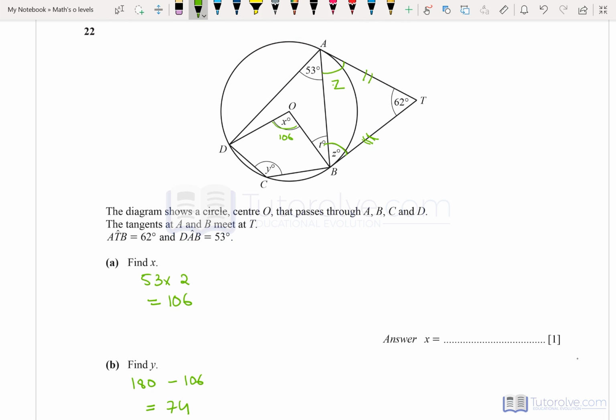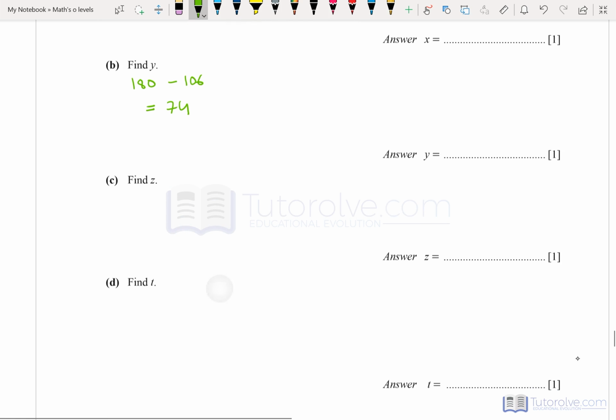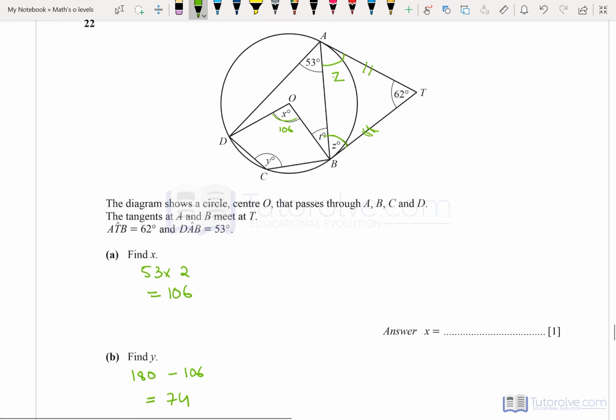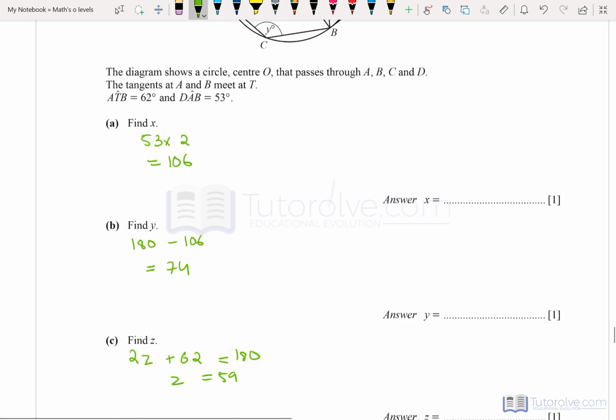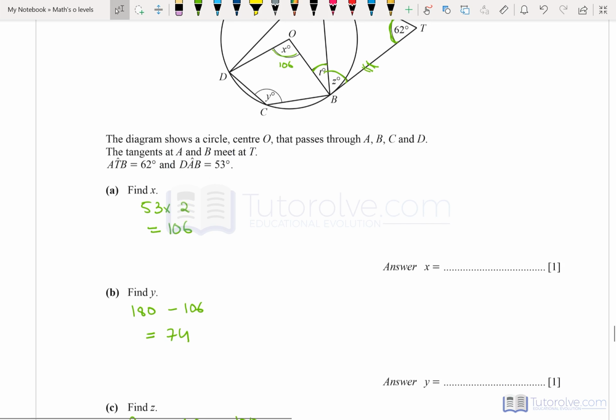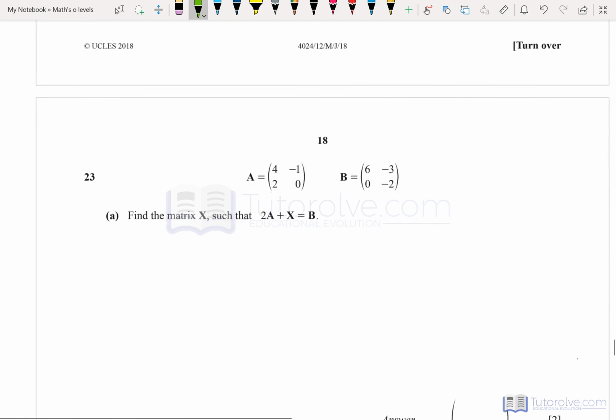In this triangle, 62 plus 2z gives 180. If we solve for z, we get 59 as our answer. Then we have to find t, which is right here. This t is going to be half of this angle, because it's the angle that converges these tangents. So 62 divided by 2 gives us 31.